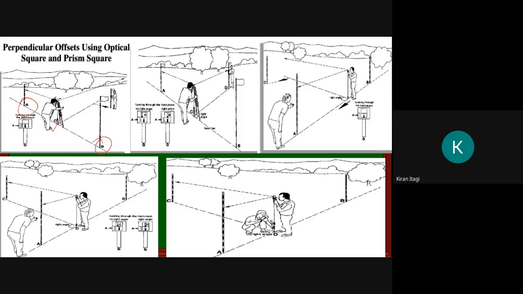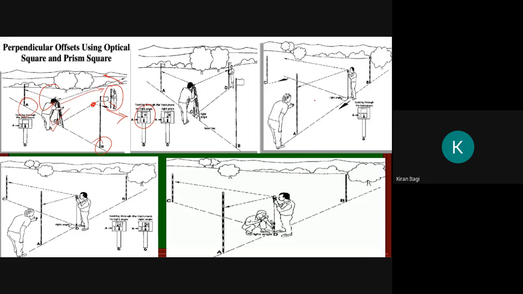With the help of the cross staff, I will see whether A and B are in a straight line or not. When I come to know that these are in a straight line, I will come to this side and make the person move either right or left and fix it here. Here the ranging rod is used for line ranging.